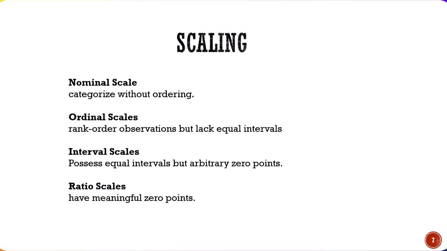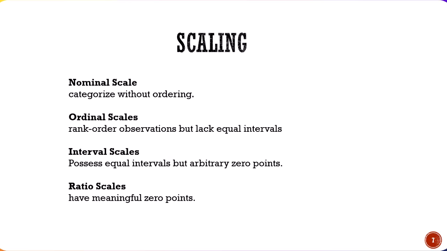All these are ranked, but they don't have any intervals between them. So a Likert-style item used in research is a typical example of an ordinal scale, where there is rank, but no equal interval between them.